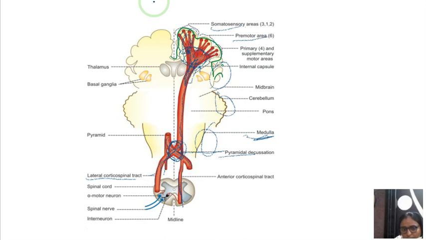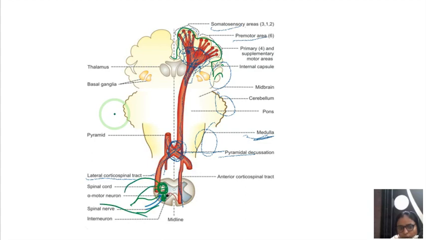For example, it terminates here, and this neuron is your internuncial neuron, which connects the termination point to the anterior horn cell. So it supplies the anterior motor horn, and from there we have the anterior root, which supplies your effectors. Fine. So these are your pyramidal tracts.